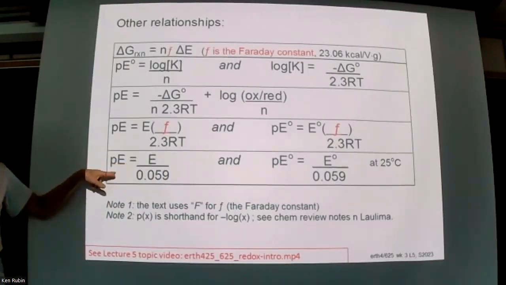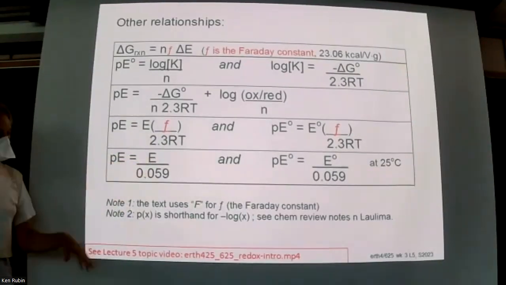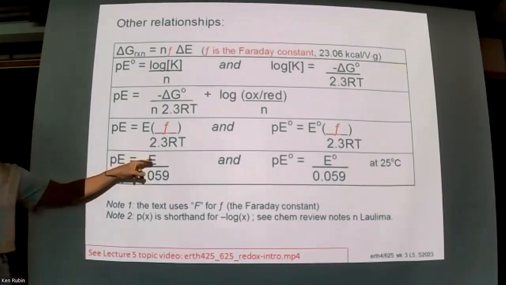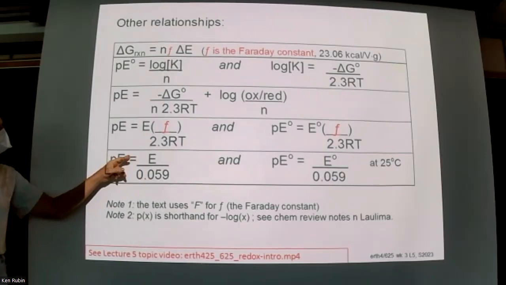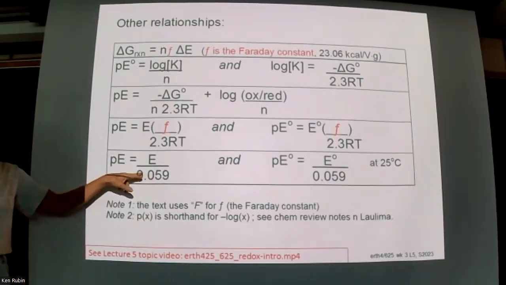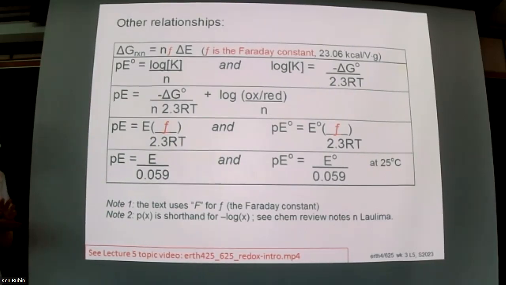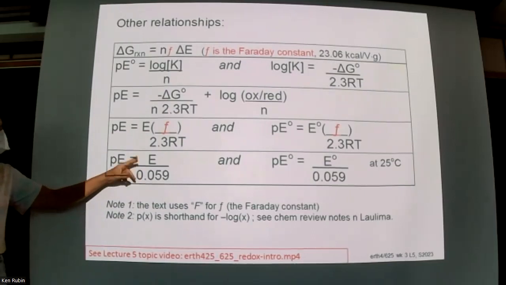We can do it with something called PE, or we can stick with E. And the reason I bring this up is because you will find diagrams in a lot of textbooks that use one or the other, sometimes both. And the important thing about PE and E is that they're related together simply by a constant, 1 over 0.059, which is the same 0.059 that's in the Nernst equation. So if you're given one and you need to get the other, it's a pretty straightforward thing to go back.